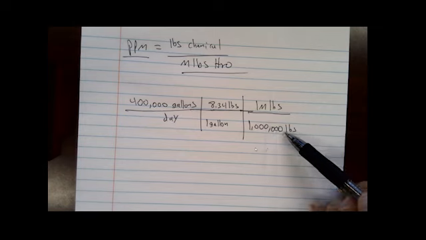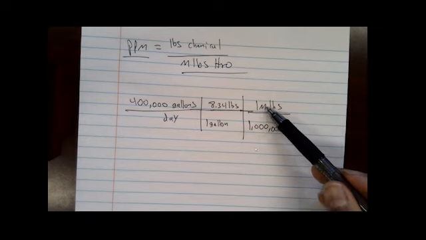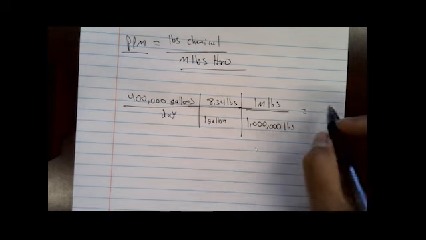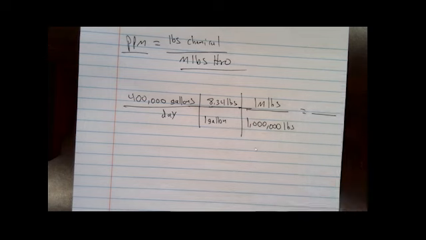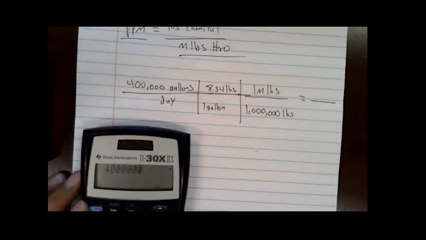Basically just noting that 1 million pounds written this way is equal to 1 million pounds with the units of m pounds. So again, we want to multiply everything on the top and divide by the multiplication of everything on the bottom. So 400,000 multiplied by 8.34 pounds.